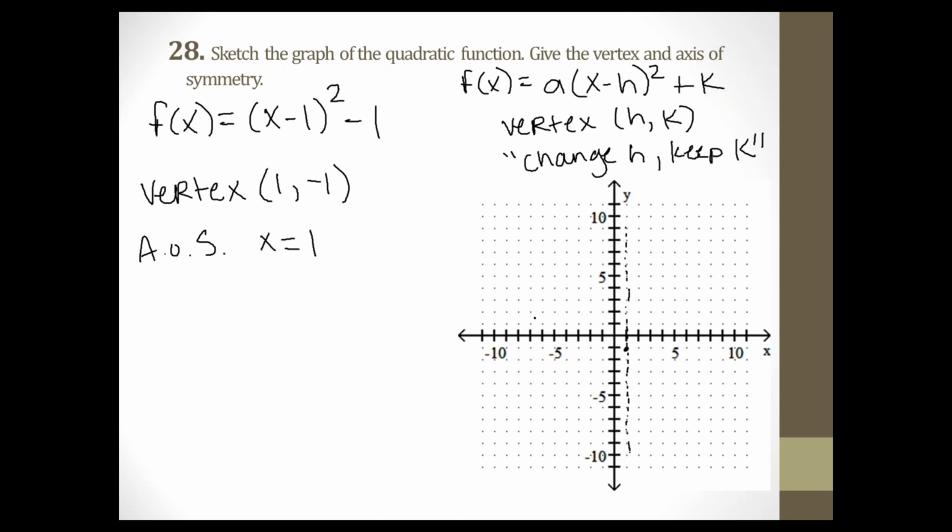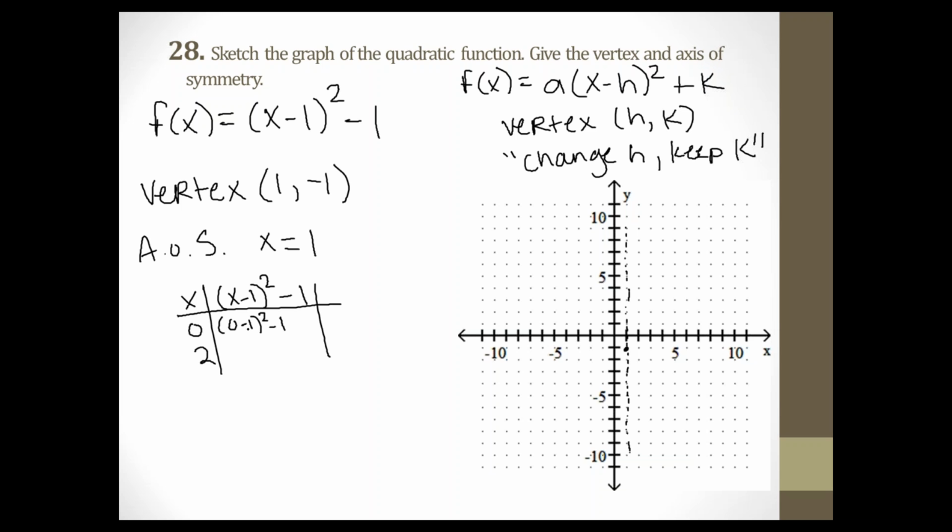Now let's sketch the graph. If you think about it like this, we'll plug in values. Let's use when x is 0 and when x is 2. Our function is x minus 1 squared minus 1. So when x is 0, we would have 0 minus 1 squared minus 1.